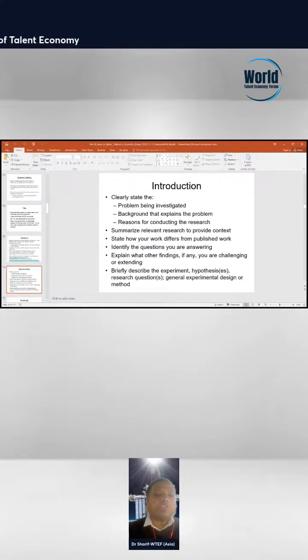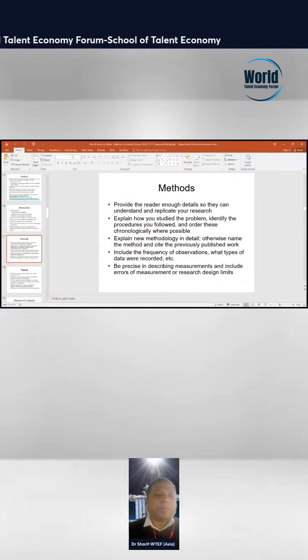We have to focus on summarizing relevant research to provide context, stating how your work differs from published work, identifying the question you are answering, and explaining what other findings, if any, you are challenging or extending. Briefly describing the experiment, hypothesis, research question, general experiment design, and methods is important.